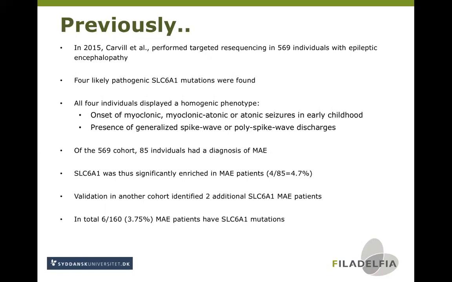In this very large cohort, 85 individuals had a diagnosis of myoclonic atonic epilepsy. So it seems like SLC6A1 is enriched in these MAE patients, where almost 5% have this mutation. And so they set out to validate it in another cohort, where they found an additional 2 MAE patients with an SLC6A1 mutation. So it seems that about 4% of MAE patients have mutations in SLC6A1.